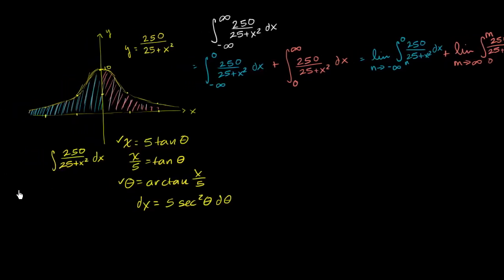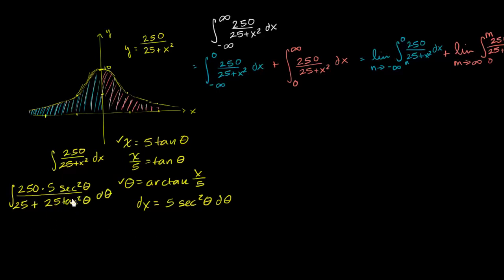All of this is going to be equal to 250 times dx, which is 250 times 5 secant squared theta d theta, all of that over 25 plus x squared. Well, x squared is going to be 25 tangent squared of theta.